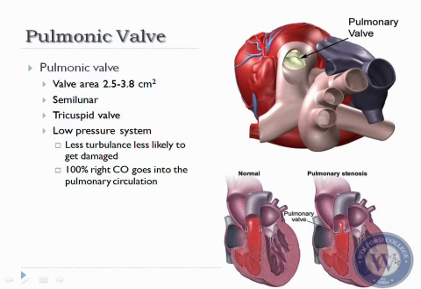Okay, so it's not a tricuspid valve. Sorry, it's a tricuspid semilunar valve. Okay, it's a low pressure system, so it has less turbulence, so it's less likely to get damaged. So very infrequently do we actually have to worry about the pulmonic valve being stenotic or insufficient most of the time. Okay. Remember one thing, 100% of the cardiac output goes to the pulmonary circulation.